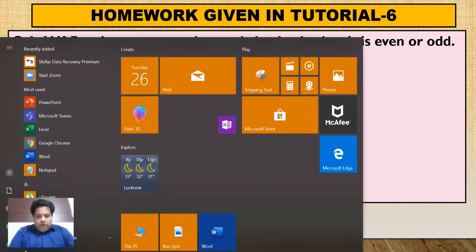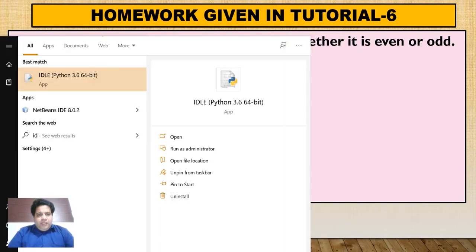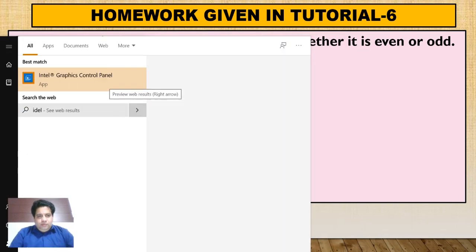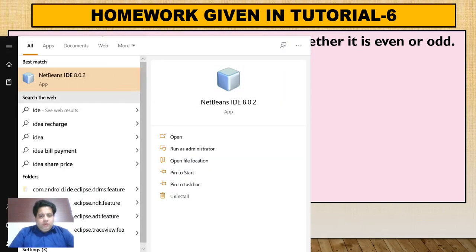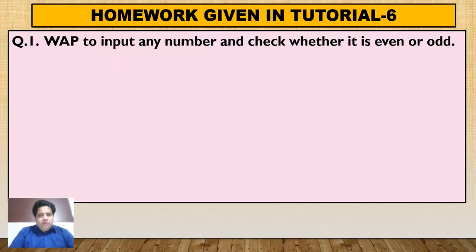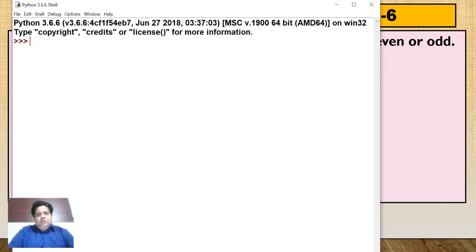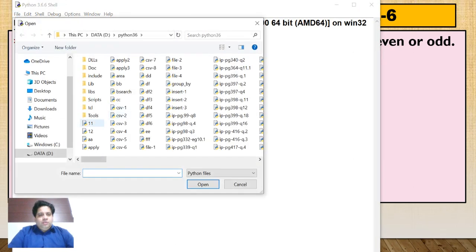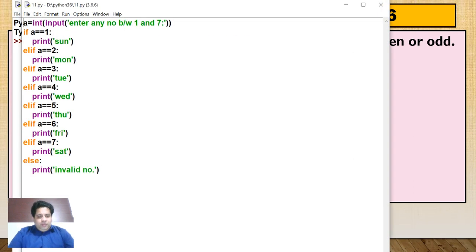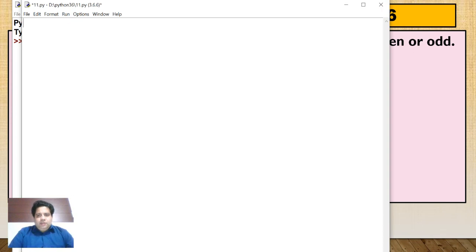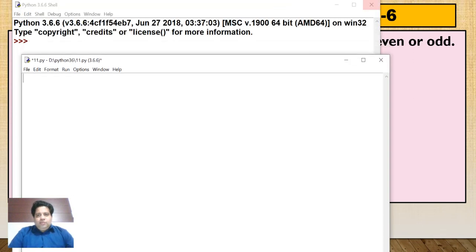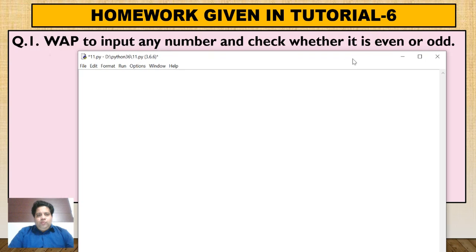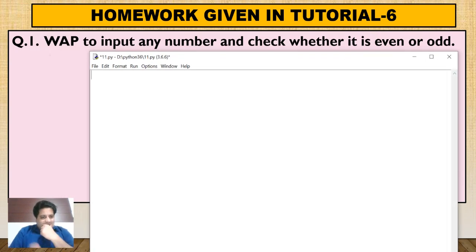So first of all we will open Python IDLE. This is Python IDLE. Now open a new file, or open the previous file and edit. Now the first question is, input any number and check whether it is an even or odd number.